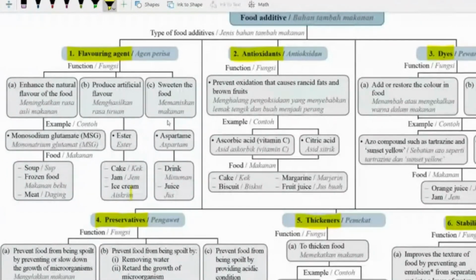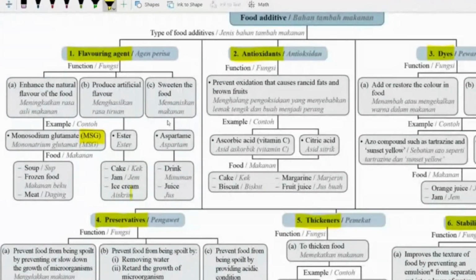So example, monosodium glutamate, MSG. Do you watch Uncle Roger videos? Anybody watch Uncle Roger on YouTube? He always mentions the MSG, Ajinomoto, MSG. Every video he made talks about the MSG.